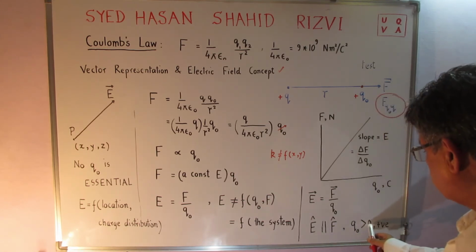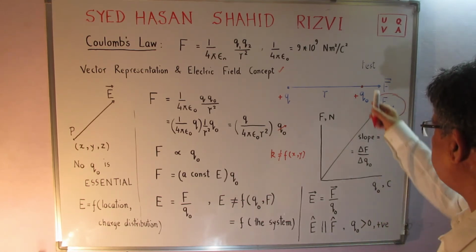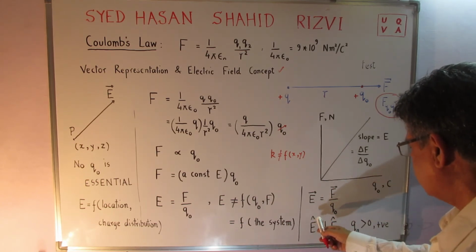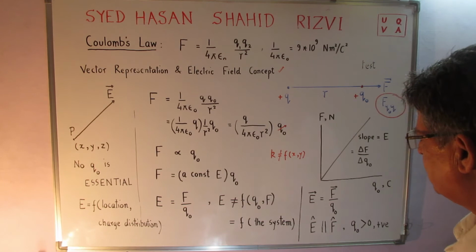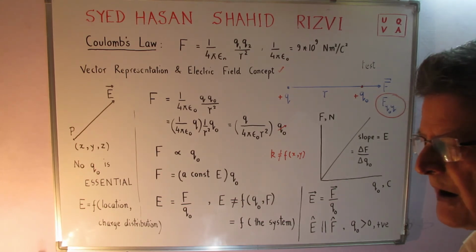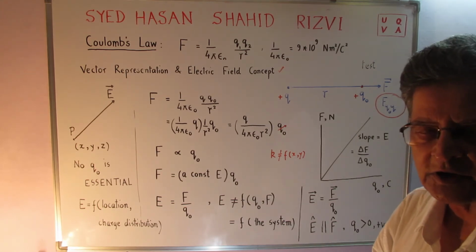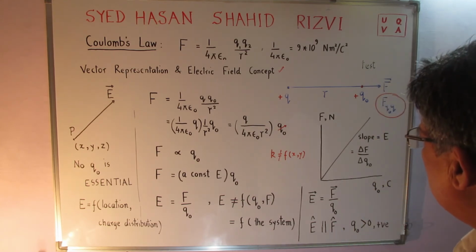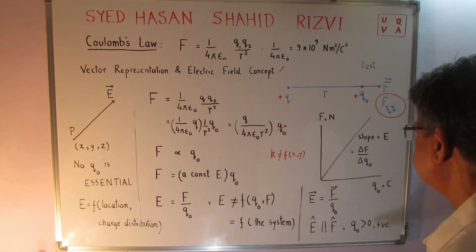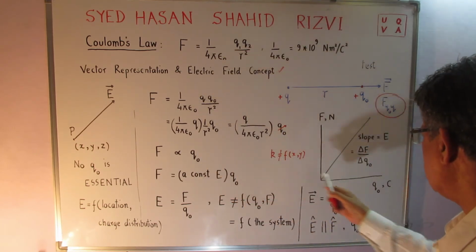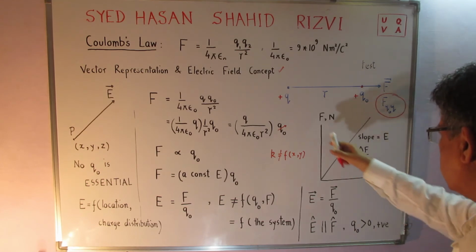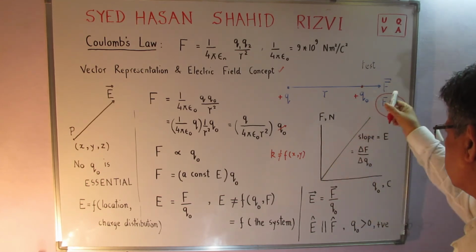And if Q naught is more than 0, that is positive, which we have taken over here, then of course the unit vector E cap will be parallel to the other unit vector F cap. Now if I plot this force F as a function of Q naught on the x-axis in coulombs and F in Newton, then I get a straight line.